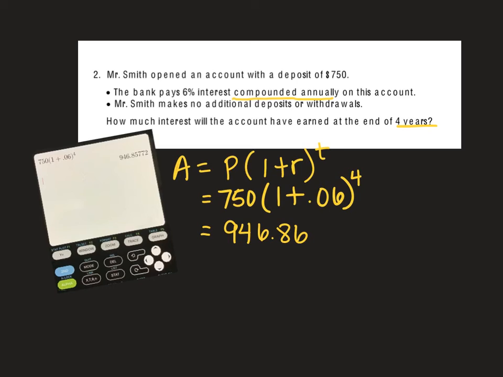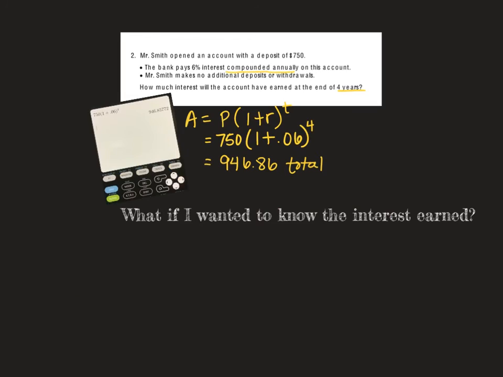And again, since this is a compound interest problem, it is telling me the total. Now, once again, if you read the wording carefully, this problem is not asking us for the total amount of money in the account. It wants to know how much interest was earned on the account. So that means that we're going to have to take this one step further.